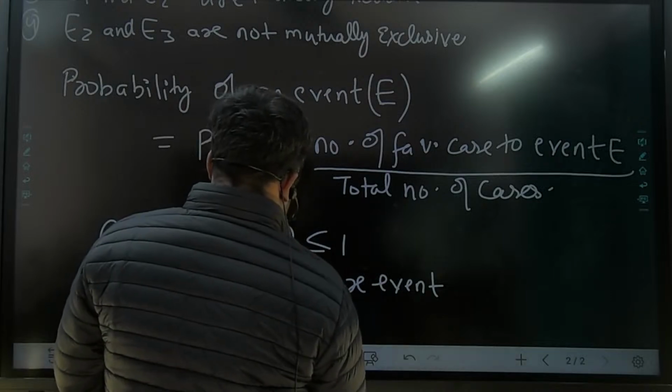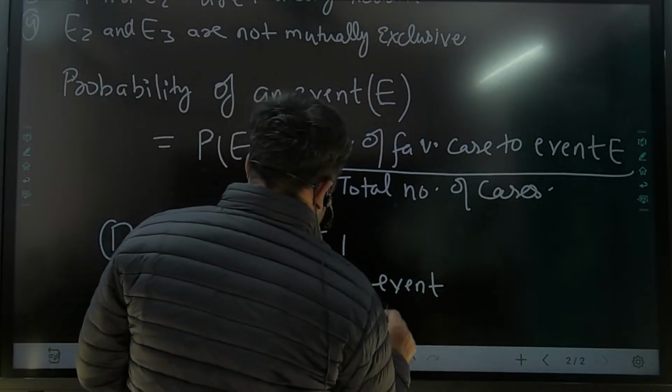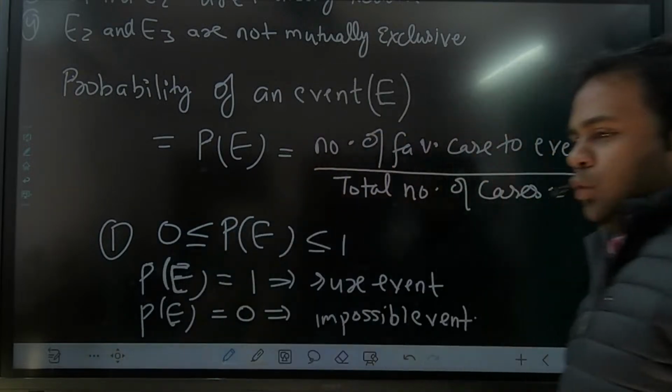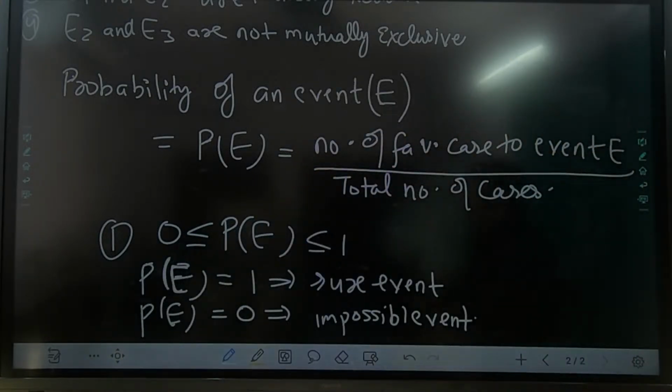So it is an impossible event. So between 0 and 1, you will have the probability of any event to happen.